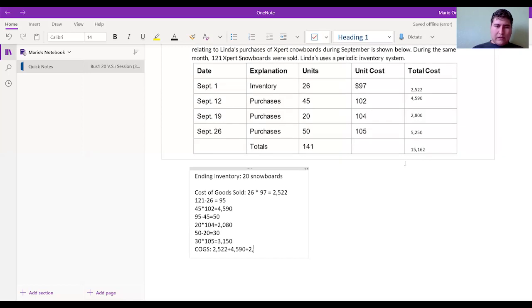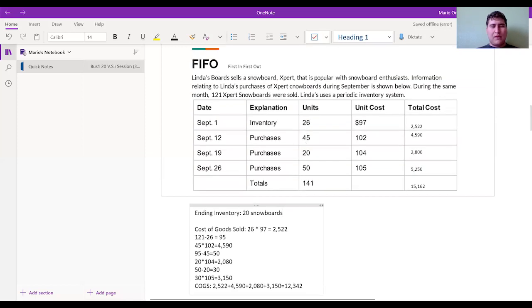Add that to 2,080. Then you go down again, add 3,150. And then you get your cost of goods sold, which is $12,342.